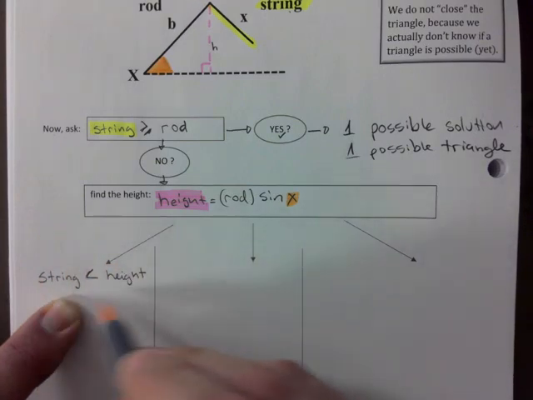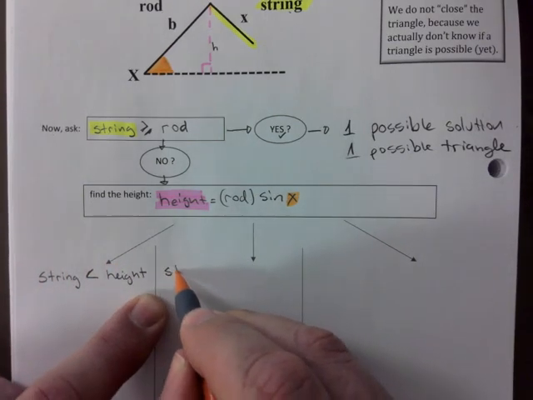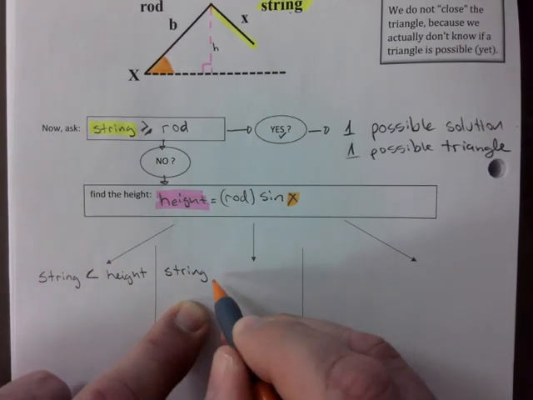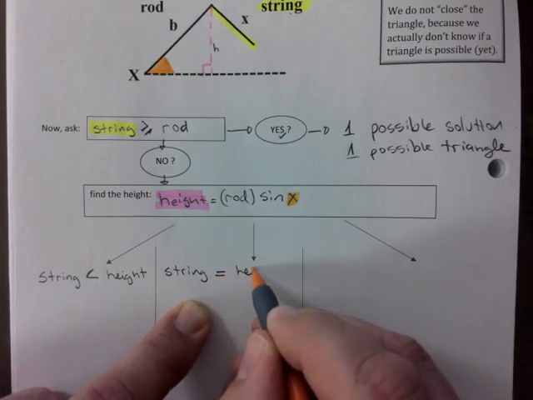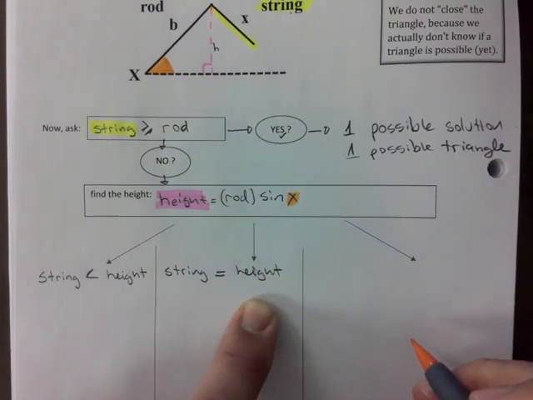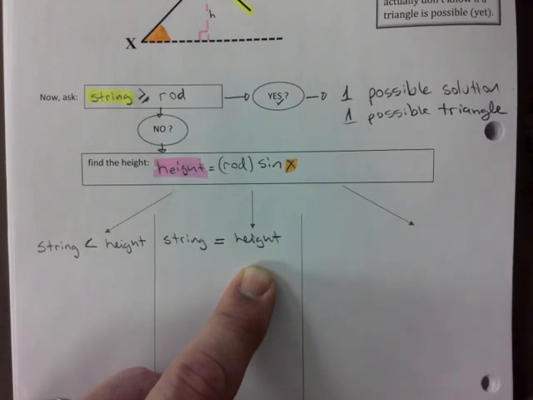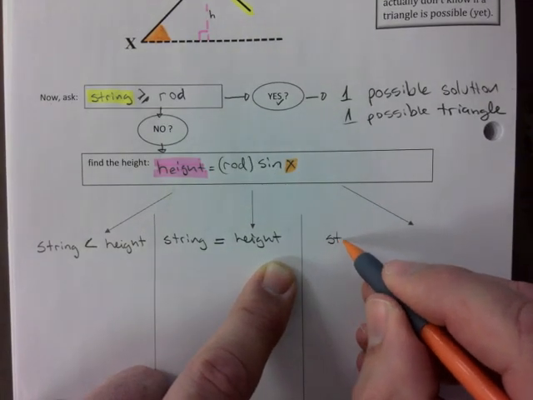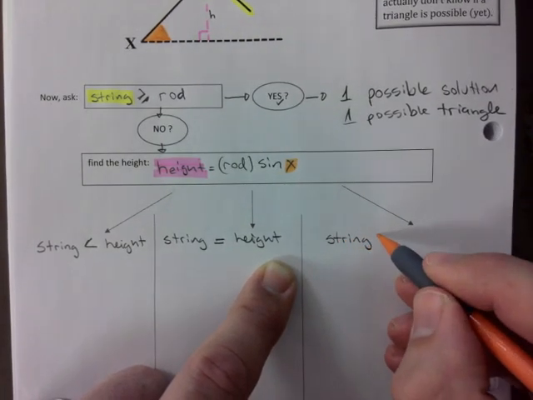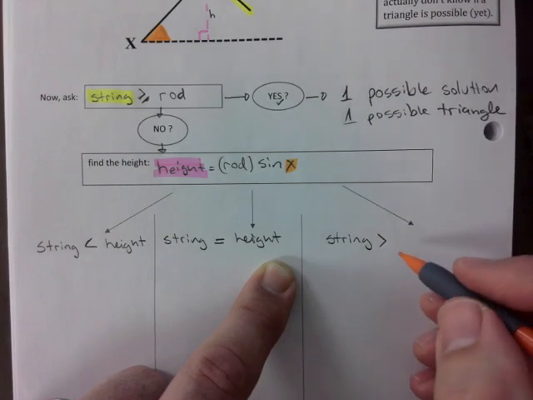That's the first question you're going to ask. Next, is the string possibly exactly equal to the height? That's the other one. And the last one is, is the string greater than the height?